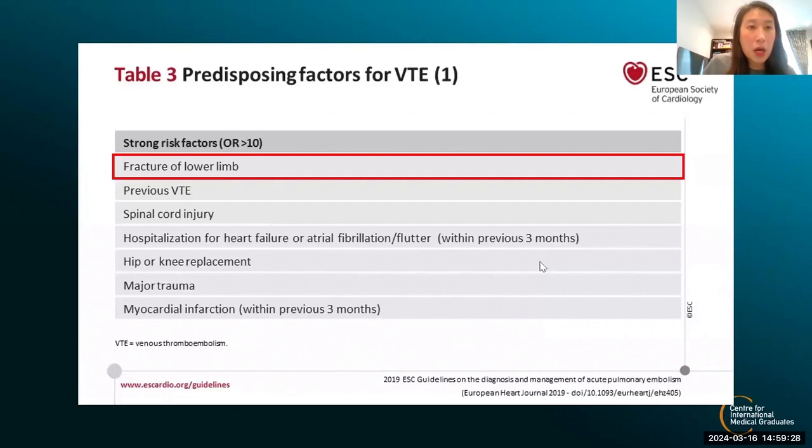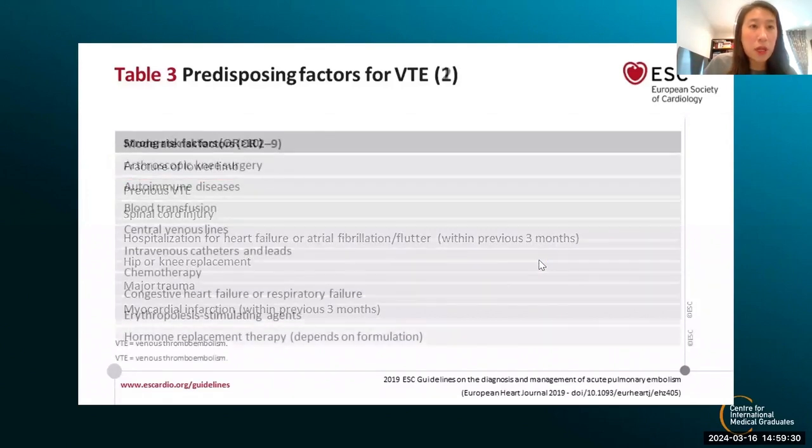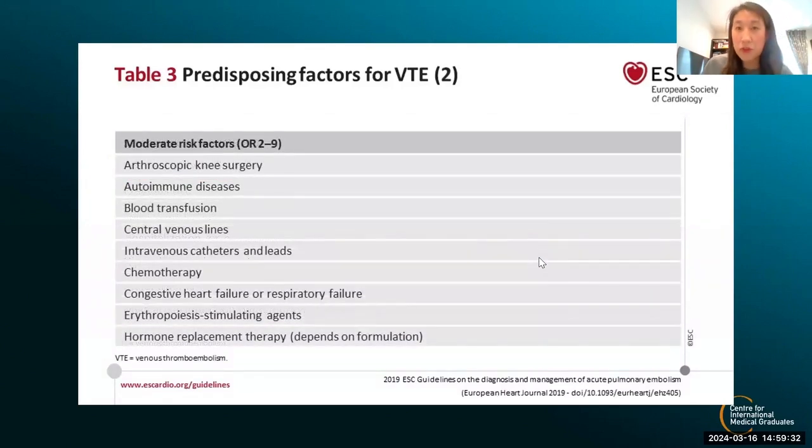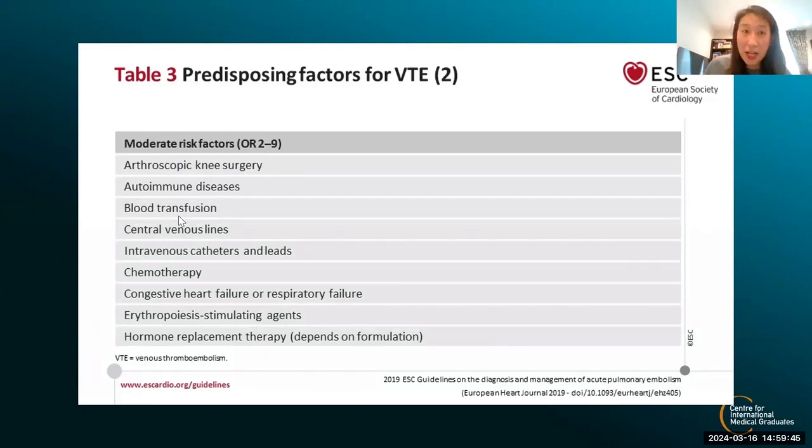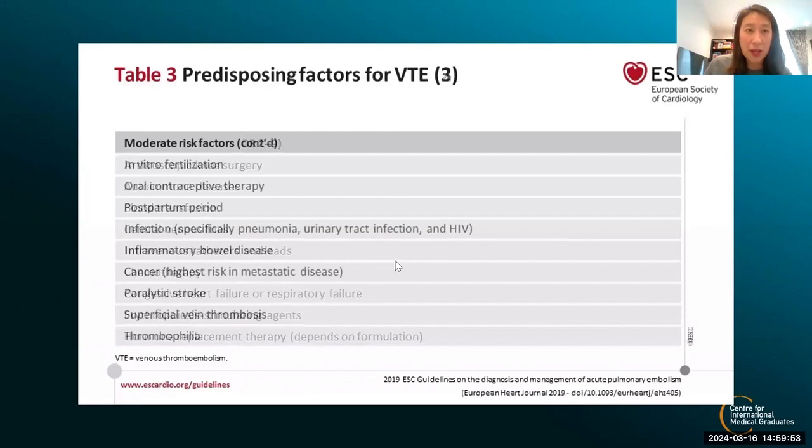Okay. And then on my next slide, I've got moderate risk factors, so odds ratio of 2 to 9. There are some things here that put you at moderate risk of any VTE, so things like knee surgery, autoimmune disease, recent blood transfusion, central venous lines, intravenous catheters, recent chemotherapy, congestive cardiac failure, hormone therapy, etc. So these are all moderate risk factors.